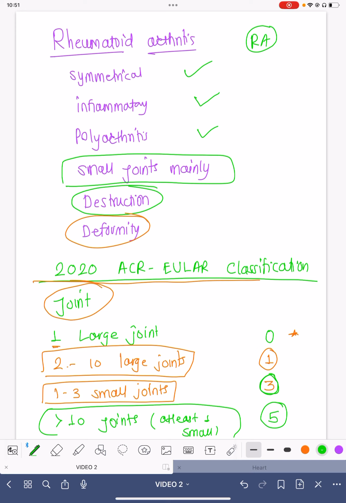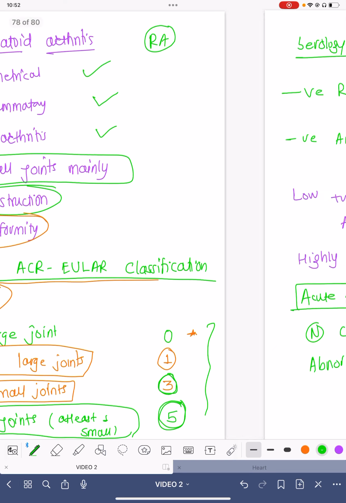The proximal interphalangeal joint, the distal interphalangeal joint, and the metacarpophalangeal joint are very commonly involved, and the wrist joint as well. So very commonly the total number of joints will be more than 10. We count each and every small joint, and that is how we give a score of 5. This is one of the most important things to remember.